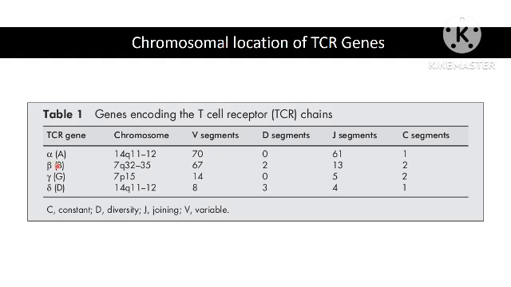Beta and delta both have D segments, whereas alpha and gamma don't. So kappa, lambda, alpha and gamma chains do not carry D segments.